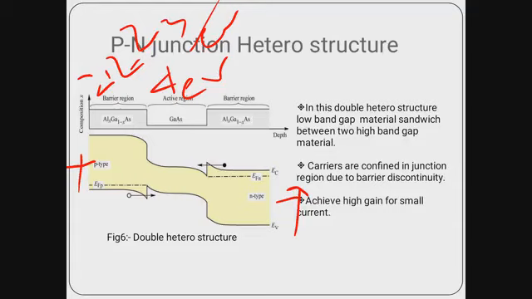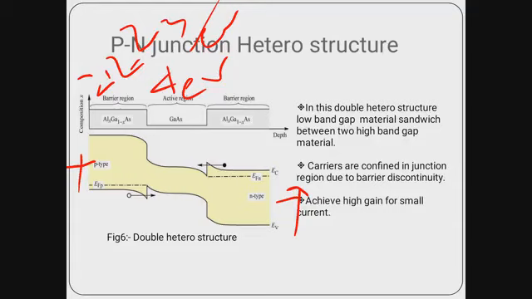when the conduction band of n-type material goes up, the electrons are poured into the lightly doped gallium arsenide p-type material. So these electrons are pouring into the lightly doped p-type material like water from higher to lower potential.